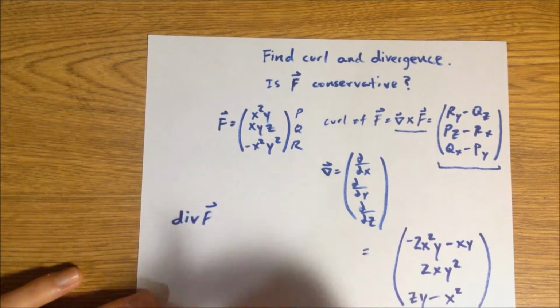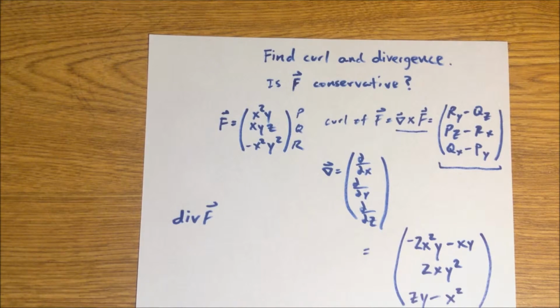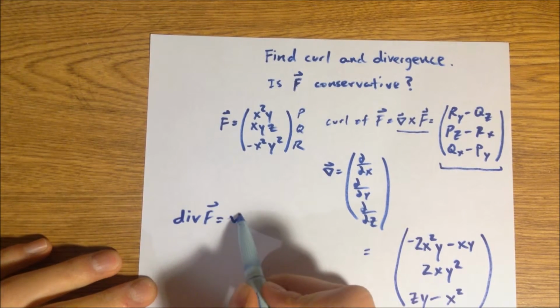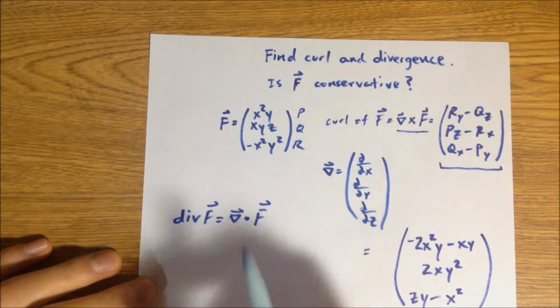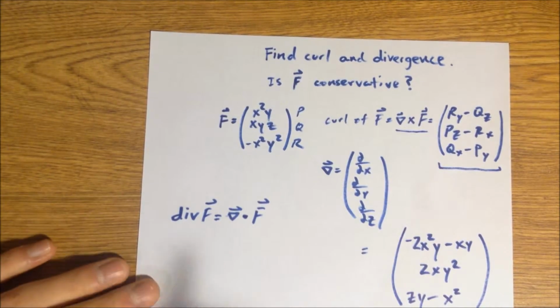For our divergence of F, it's sometimes written as this in a homework problem. This is the same del operator dotted with the vector field. This time it's dotted, not crossed, so it's a little easier.